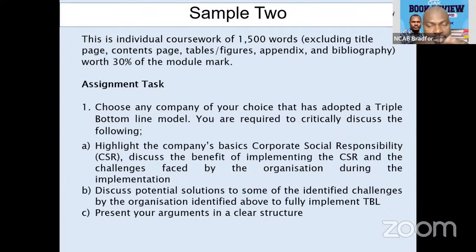So when you quote, it is fine, but let us hear your voice. What are you saying? If what you have written is based on someone else's perspective, not your own, you need to reference that point. But if it is your own perspective, it is fine. Once it is not your perspective, you need to put a reference in there. If not, you are going to commit plagiarism. Is that okay, Adebisi? Okay, sir.